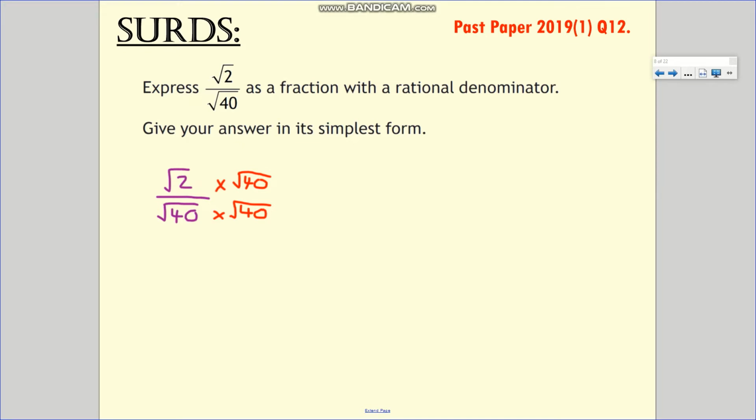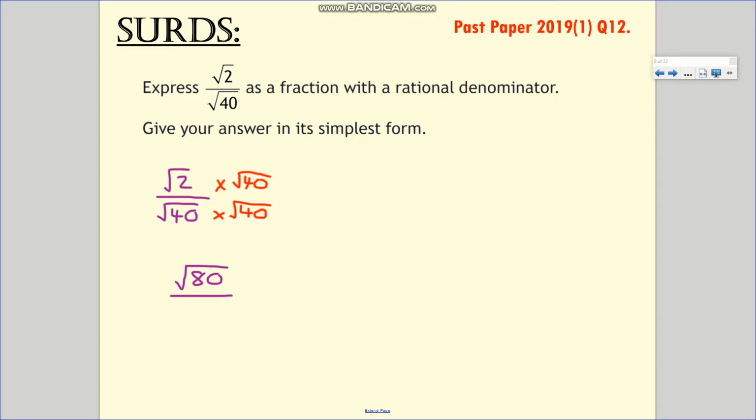Remember in the previous exercise when I said if you multiply two roots together, they make just the multiple of those roots in a square root sign. So 2 times 40 makes the number 80. So I've got root 80 on the top of my fraction here.